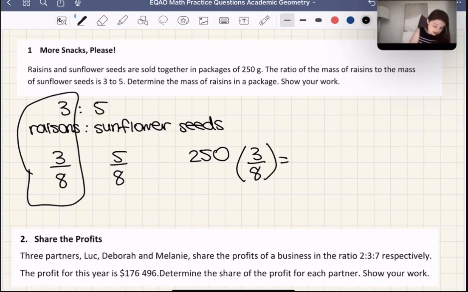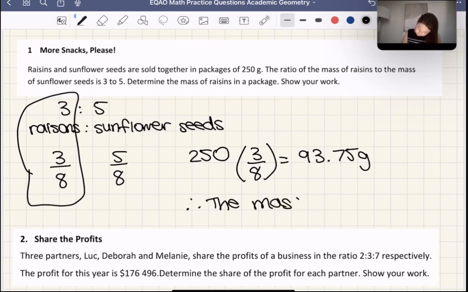That's going to end up being 250 times 3 divided by 8, and that gives us 93.75 grams, right? So therefore, the mass of raisins in a package.